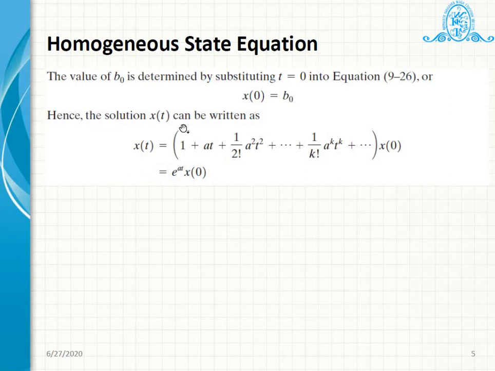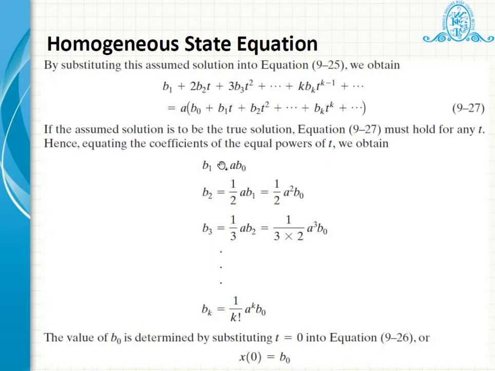Hence the solution x of t can be written as follows. b0 is nothing but x0. So I can write all these terms here: b0 plus b1 t plus b2 t square, with b1, b2 up to bk determined here. All these values I will put here, so I get a b0 because I don't know b0 right now, plus b1 is a b0 t, b2 is one half a square b0 t square, and so on.